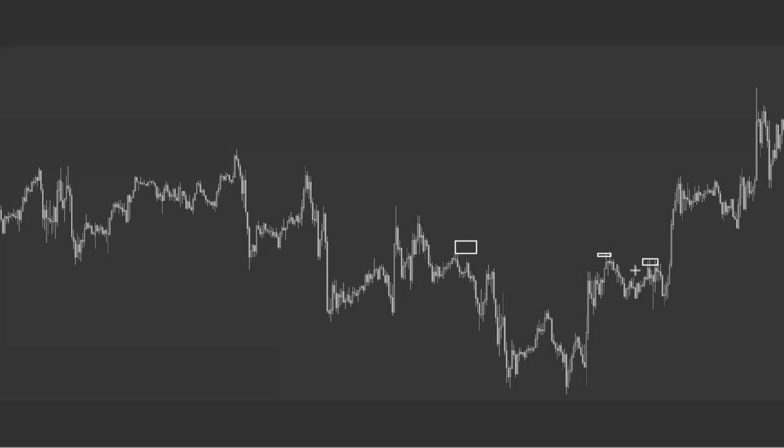So it's often quite likely that when that consolidation breaks to the upside, the influx of order flow you often get on a breakout like that, largely comprised of stop losses, will often be significant enough to drive price straight through whatever liquidity there might have been at your level.